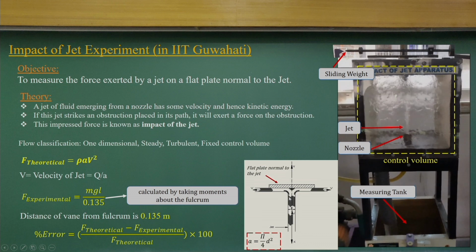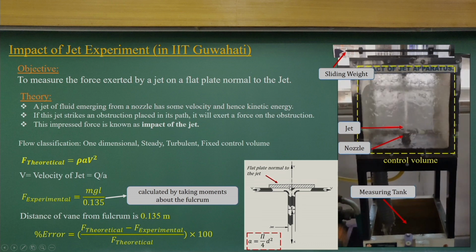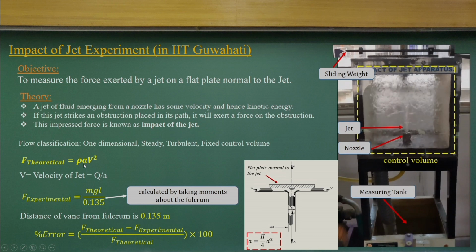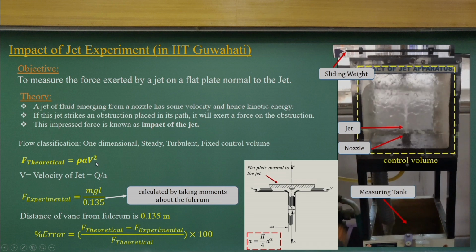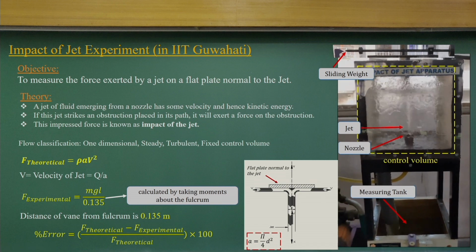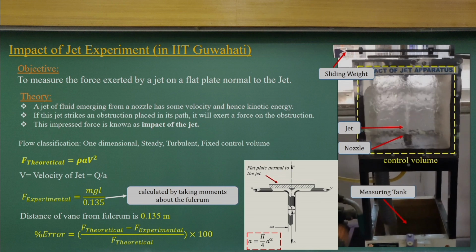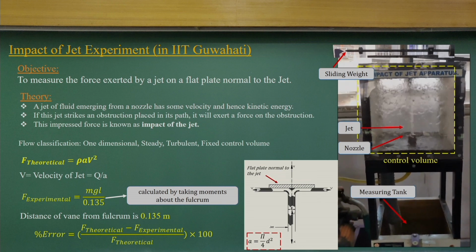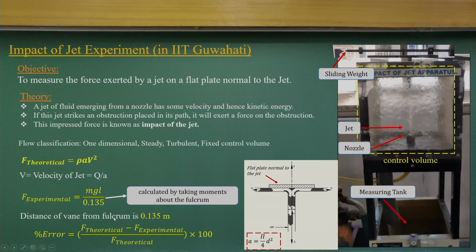If you look at this photograph and these simplified conceptual diagrams, theoretically this will be rho A V squared, the momentum flux. Rho A V squared will be the momentum flux impacting, because in these directions the output momentum flux is 0. So, the influx is converted to the force component, and you have the experimental value.